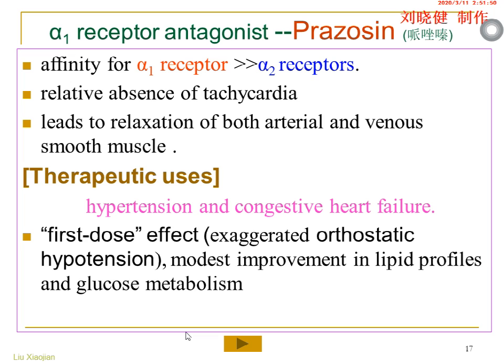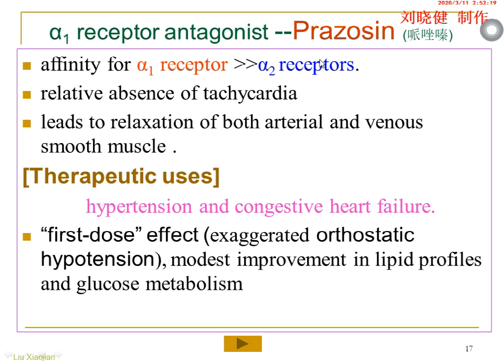Because of these effects, prazosin is usually used to treat hypertension and congestive heart failure. When you study the drugs for hypertension or congestive heart failure, in those two chapters, you will study prazosin again. But pay attention to the first dose effect.